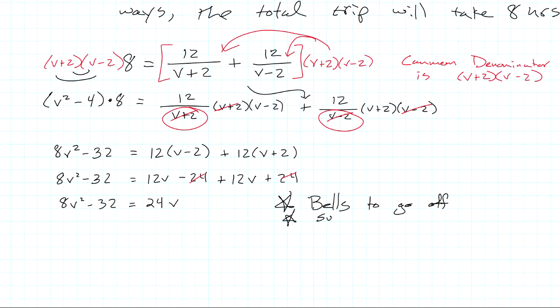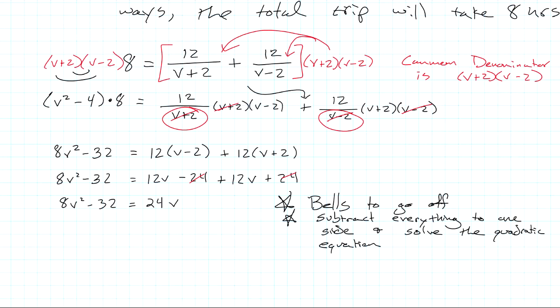We need to subtract everything to one side and solve a quadratic equation, which we have definitely spent some good time in this class doing. So more of that now. So we turn this rational equation into a quadratic equation, and then we can solve that.